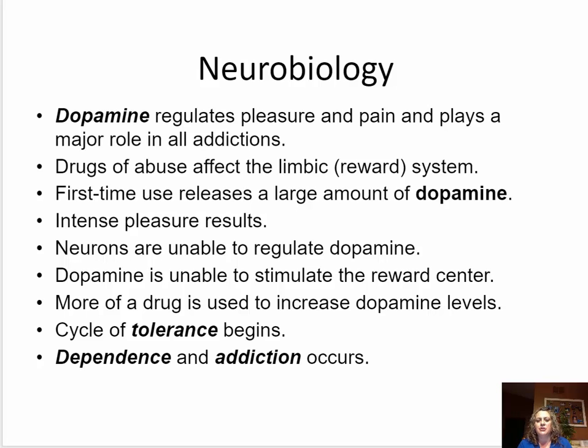So the first time these patients use these drugs, they experience a large release of dopamine and they experience intense pleasure. The neurons are unable to regulate that dopamine, and the dopamine is unable to stimulate the reward center. So more of the drug is used to increase the dopamine levels, and then that begins the cycle of tolerance, which leads to dependence and ultimately addiction.